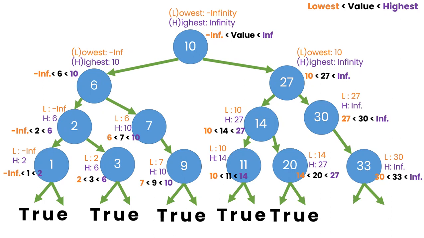The last element is indeed in between the range, which is the lowest of 30, which is the parent's value, and the highest of the parent's highest value. And indeed it is true. And that's it for the algorithm.